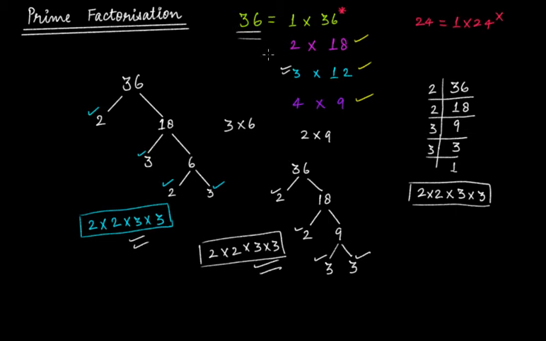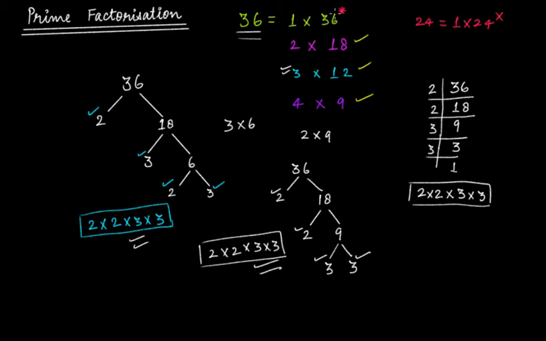We showed that we can write 36 in several factorized forms. One can be 1 times 36, this was one factorized form. Another can be 2 times 18, another can be 3 times 12, another can be 4 times 9. So these are all the factorized forms.